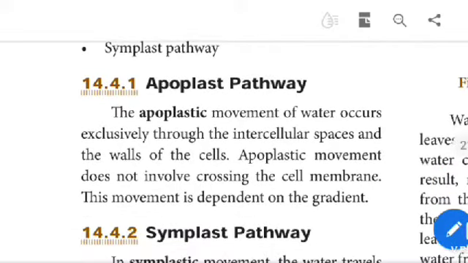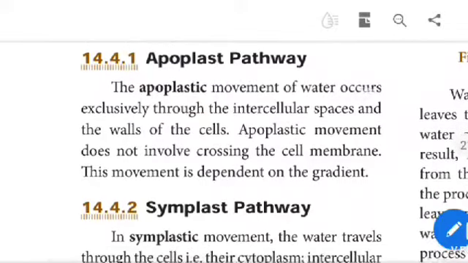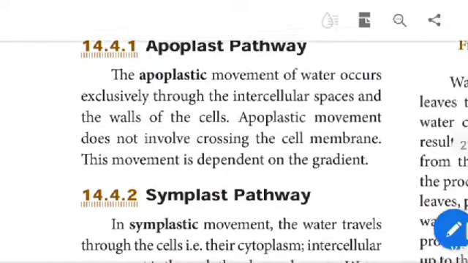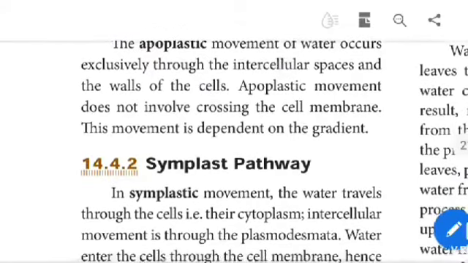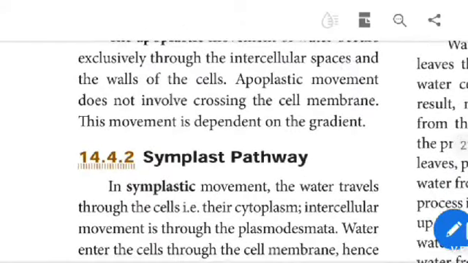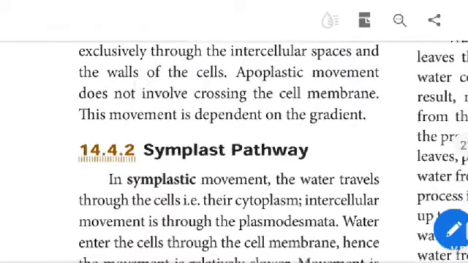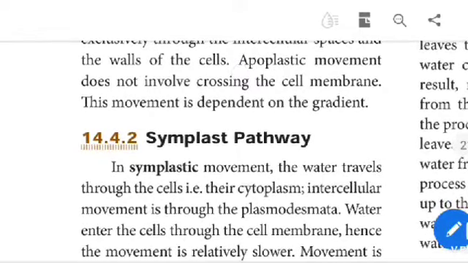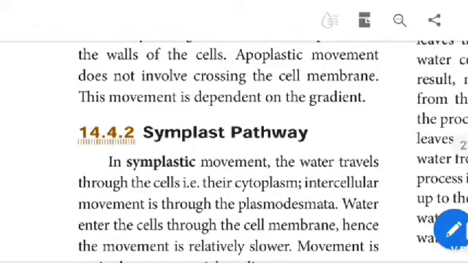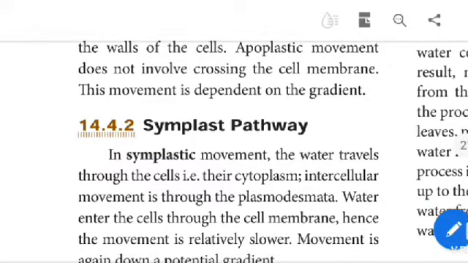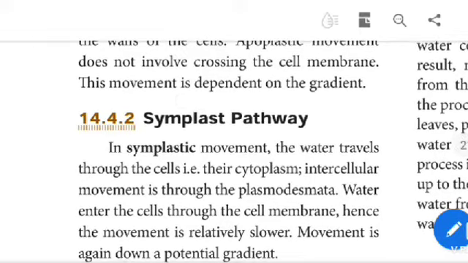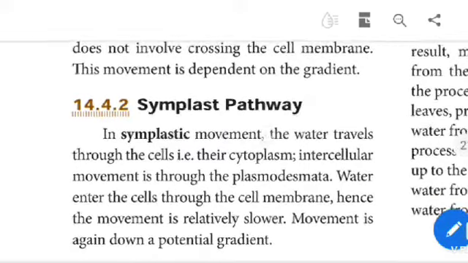Apoplast pathway: the apoplastic movement of water occurs exclusively through the intercellular spaces and the walls of the cells. Apoplastic movement does not involve crossing the cell membrane. This movement is dependent on the gradient.